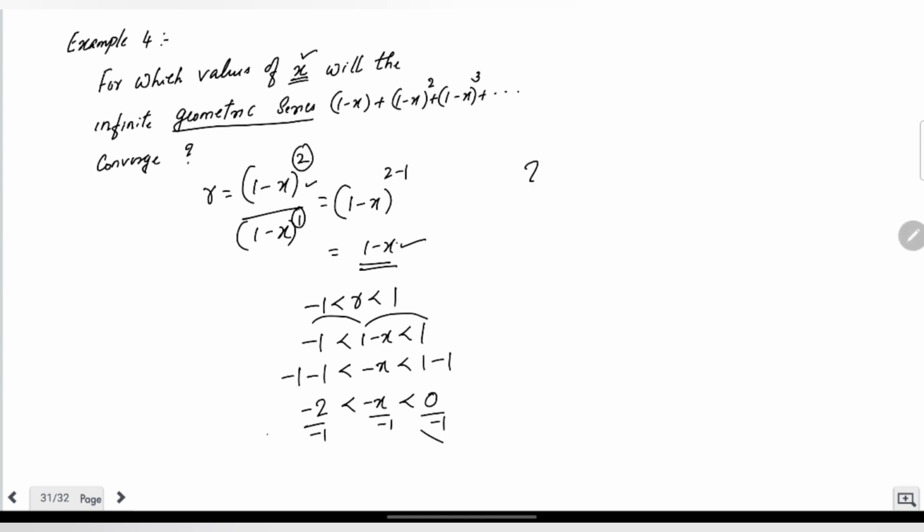So it's going to be 2 greater than x greater than 0. Clear? Or we can write it in a proper way: x is in between, the smallest number you have to write first. 0 less than x less than 2 is the answer. So x must be in between 0 and 2. Is it clear? So this is how we have to do this question.